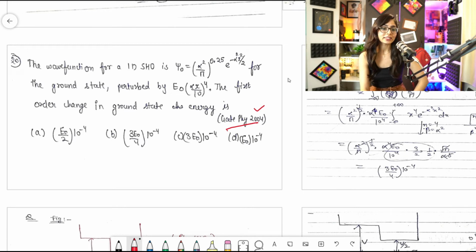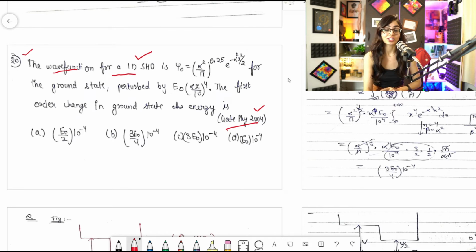So let's see what this question has in its pocket. It starts with the wave function for a 1D SHO. Just focus on this part, that it is given as a one-dimensional simple harmonic oscillator. So keep noting down everything that is given in the question.